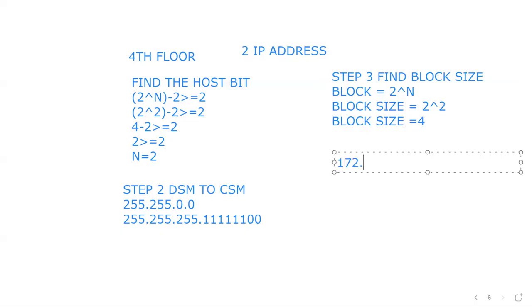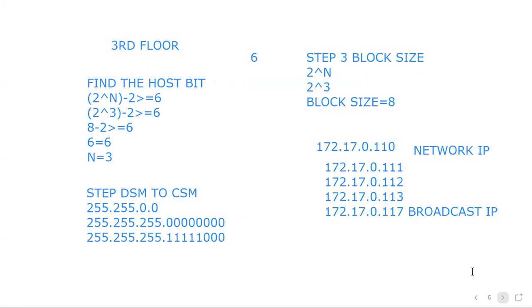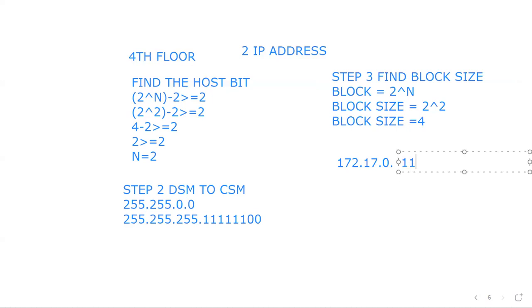Then 172.17.0. What is our last IP? 117. So here 118 is our network IP.